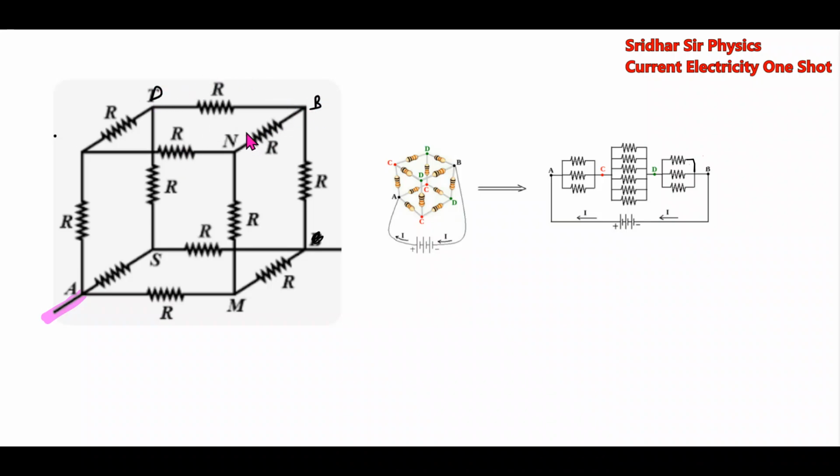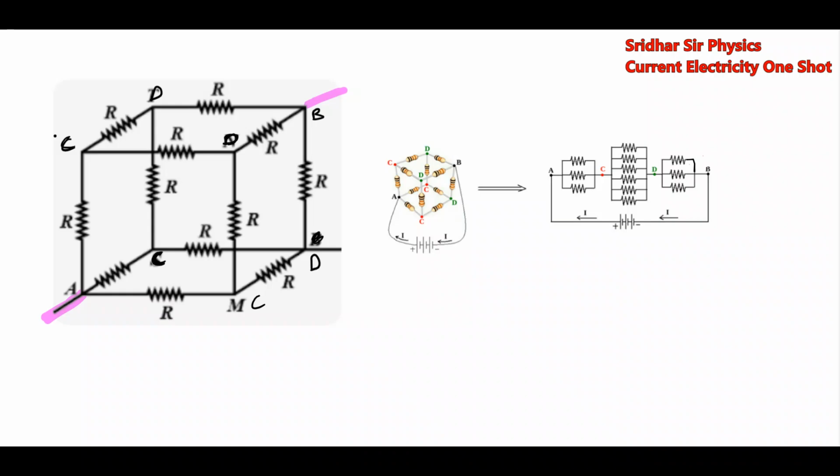This is D. This is C. Fine. This is a circuit. We have to calculate across the diagonally opposite points, A and B.